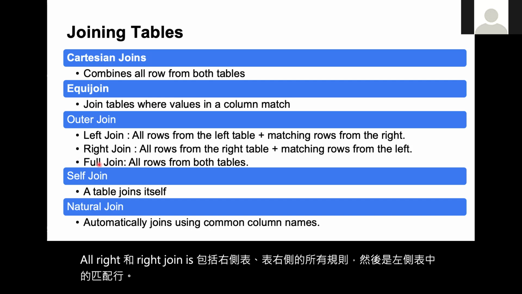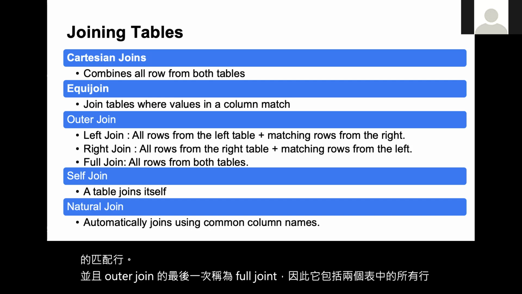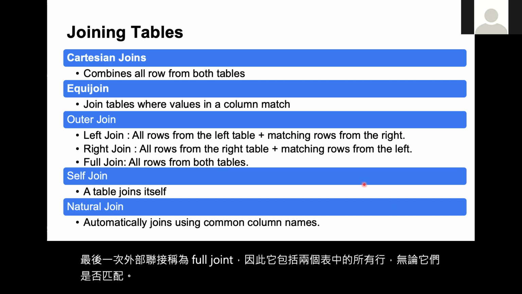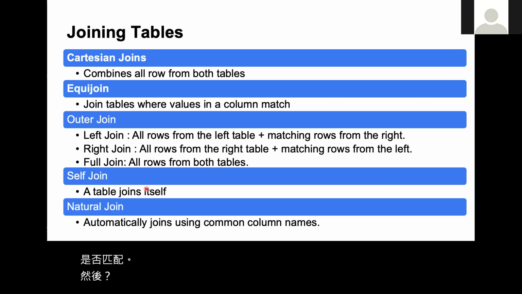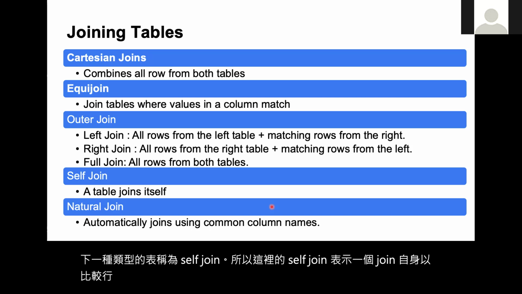And the last type of outer join is called full join. It includes all the rows from both tables, whether they have matched or not. The next type is called self-join. A self-join means a table that joins itself to compare the rows within the same table.